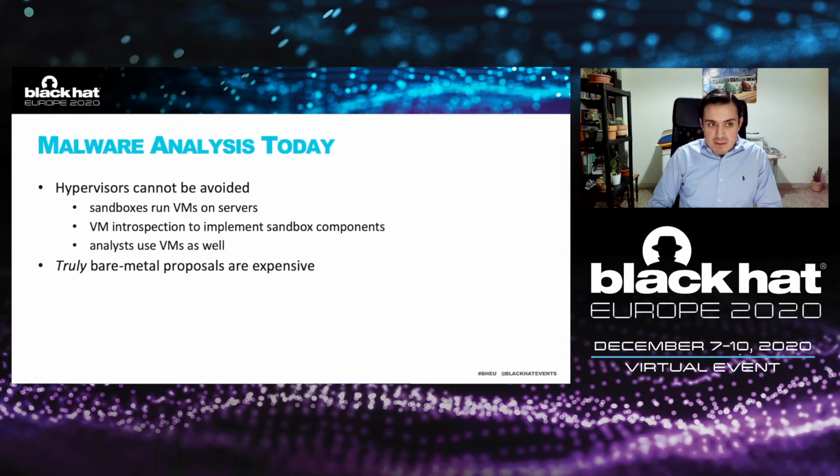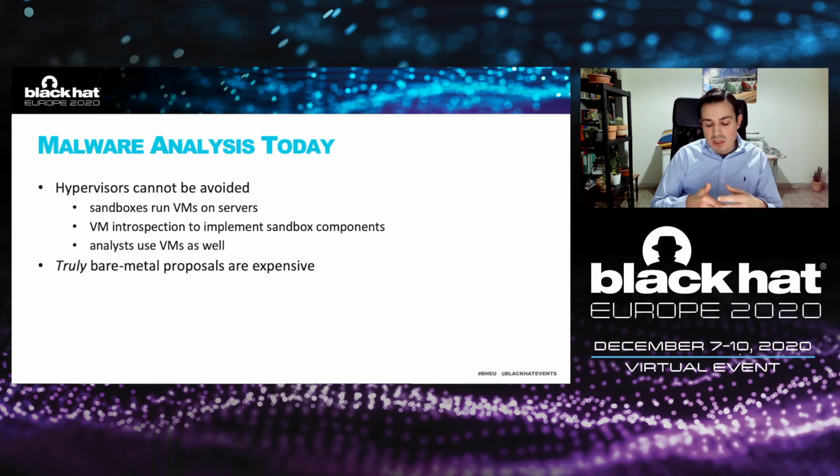Let's get started. I want to talk briefly about the importance of hypervisors and why they cannot be avoided in malware analysis today. Hypervisors are important for scalability of the analysis because you can run many virtual machines and do your analysis on servers, but also from a transparency point of view.